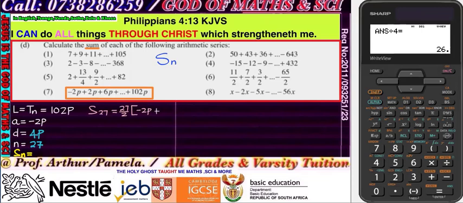So it's plus 102p. This is straight to the point. All right, so let's work it out. So this is what we got. When you work out this, you're going to end up with 100 here. Minus 2 plus 102 is 100p.